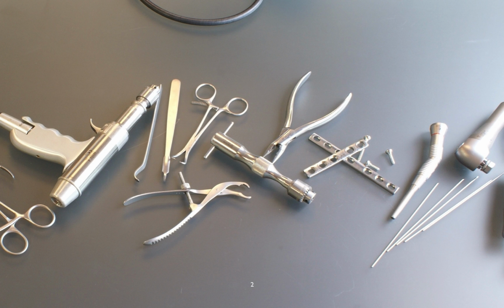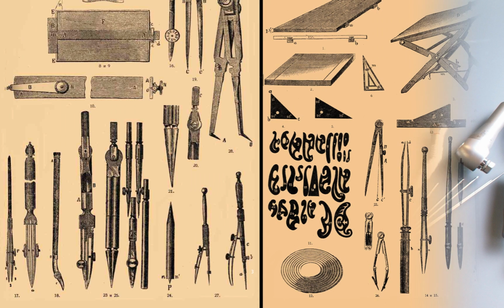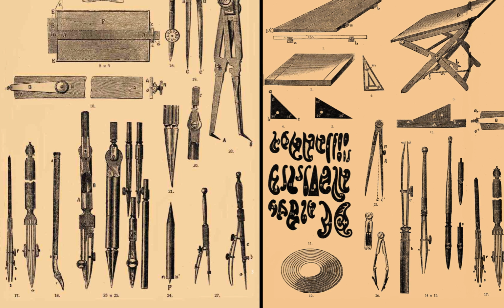Instrumentarium belongs to the domain of dentistry or surgery and has been around as a depository of instruments essential to practice of the discipline. In architecture, instruments are as old as Euclid.